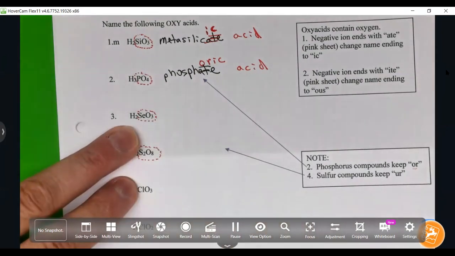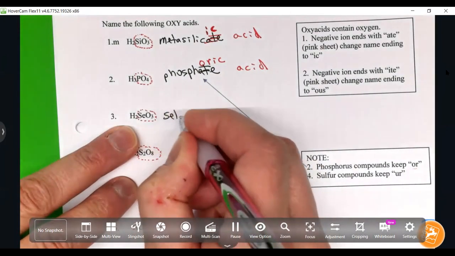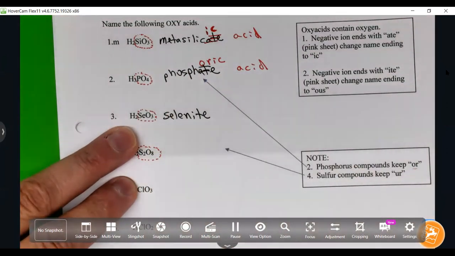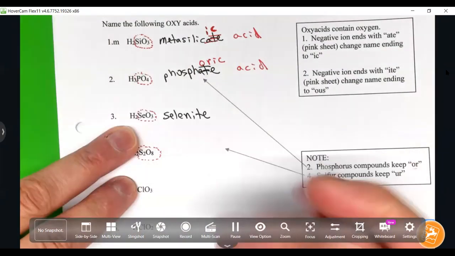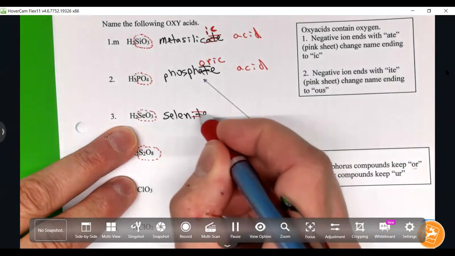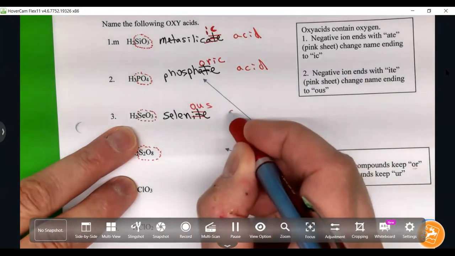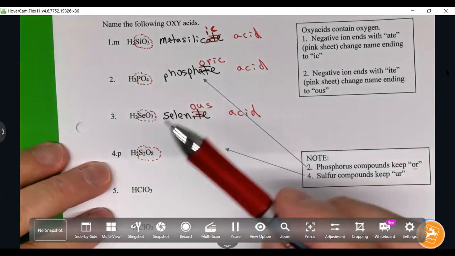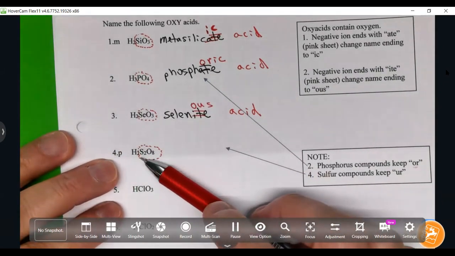SeO3 is selenite. So we're simply going to take the ITE and replace it with OUS. We'll do this one and then we'll move on here.